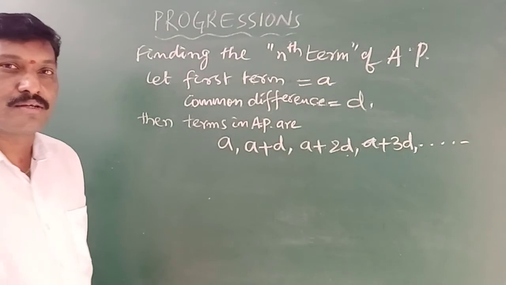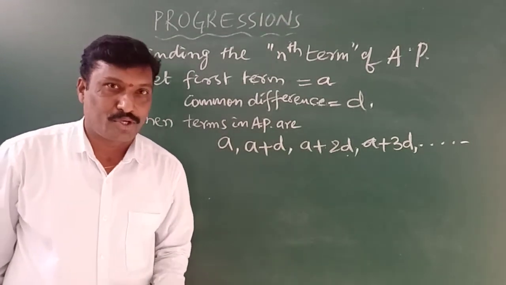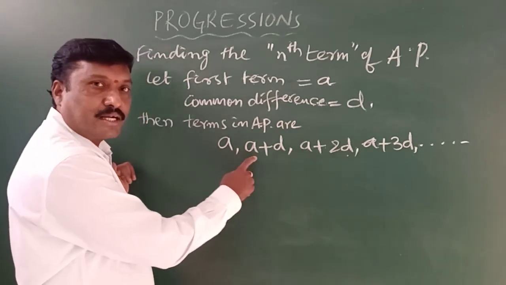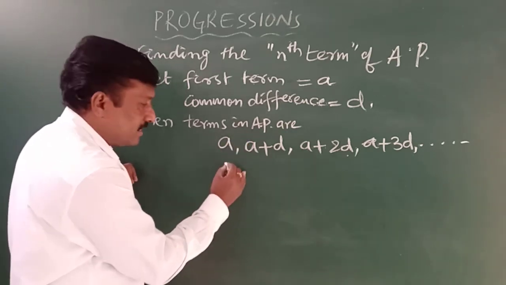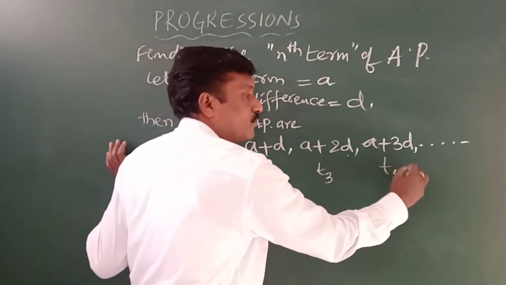You are going to get the terms. This is called the general form of the arithmetic progression also. Children, first term, second term, I will call it as T1, T2, T3, T4 also.